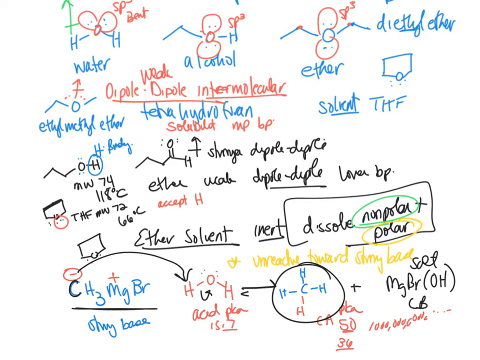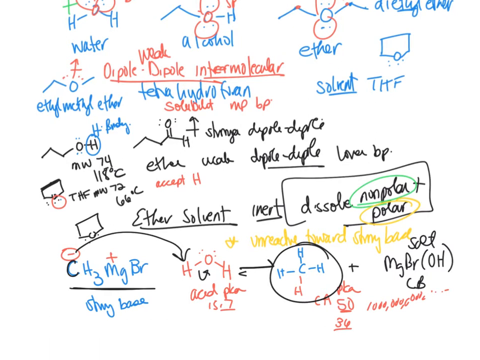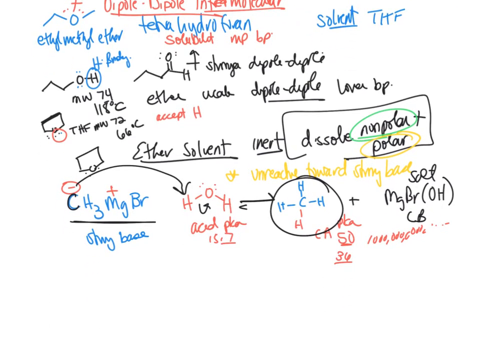Okay, crown ethers, they are really kind of cool. They solubilize metals. So this is what a crown ether looks like. And they will form a complex with a metal like lithium.